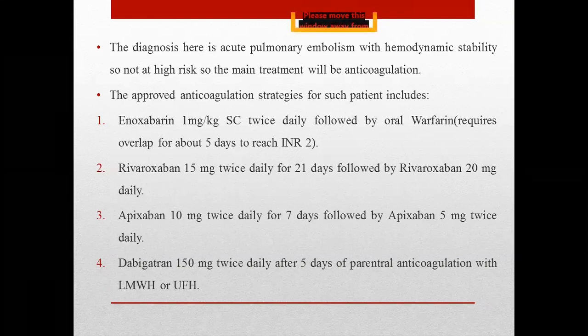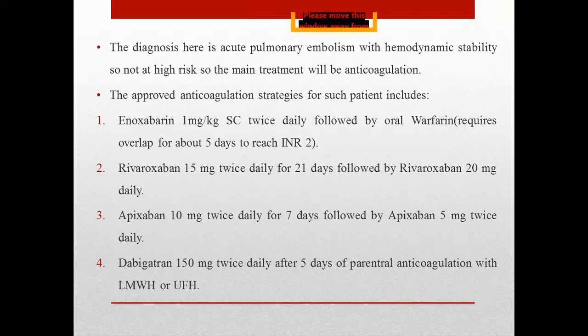If we are talking about the rivaroxaban, the patient at first starts with 15 milligrams twice for 21 days, and then continues on rivaroxaban 20 milligrams daily. The patient doesn't start with 20 milligrams daily from the start. Regarding apixaban, the patient can start with 10 milligrams twice daily for 7 days, and then continue on the regular dose 5 milligrams twice daily. So the correct answer here will be apixaban.